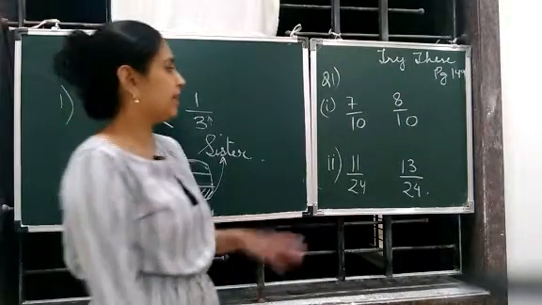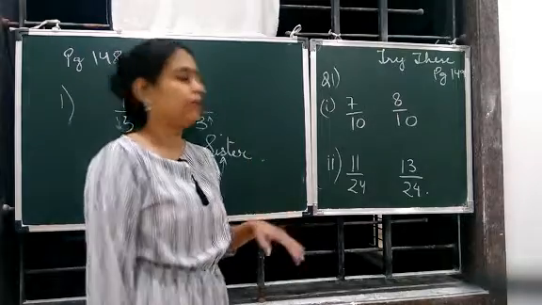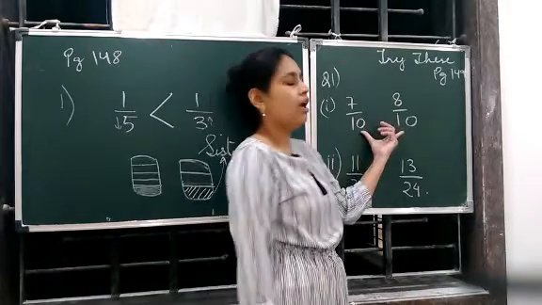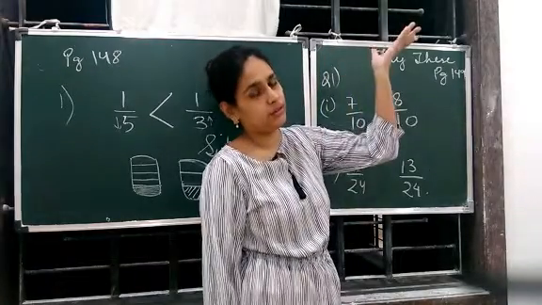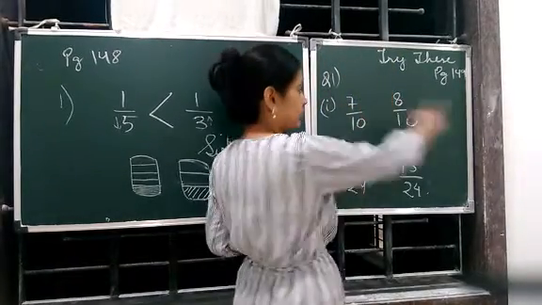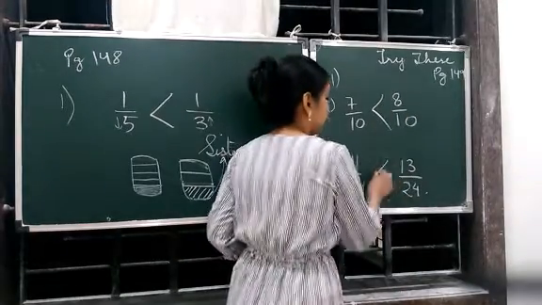So first, before comparing, we check what is same. Either the denominators are same or the numerators are same. Here the denominators are same. When the denominators are same, we compare the numerators, and the bigger numerator is bigger, smaller is smaller. So who is bigger? 8 by 10. Here also the same case.